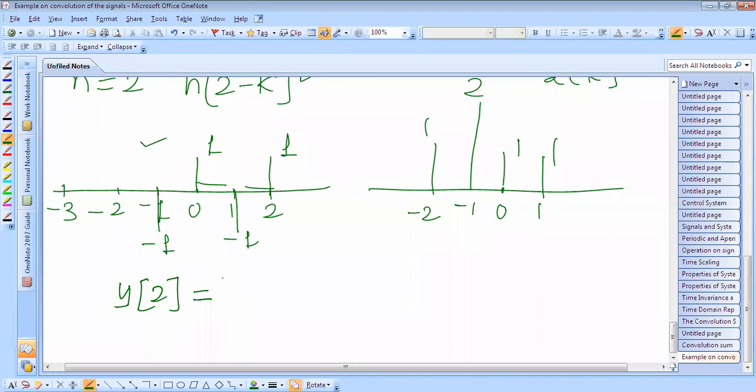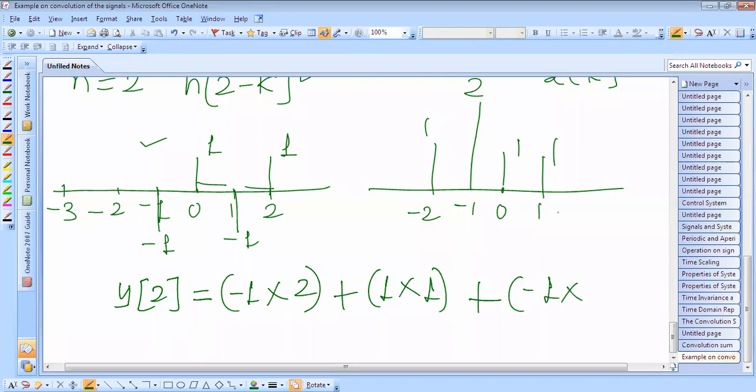At -1 it is -1, and at -1 the input is 2. Therefore plus at 0 it is 1, and the input at 0 is also 1, so 1 into 1, plus at 1 it is -1, and the input is 1, plus at 2 the input is 2, but at 2 there is no impulse response in this case, therefore 1 into 0 will be 0.